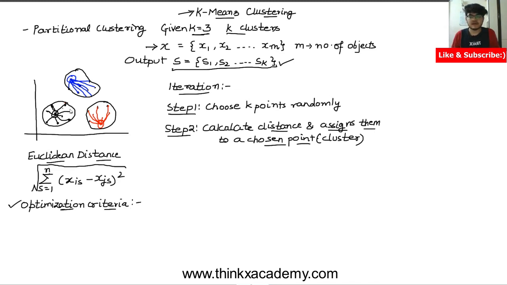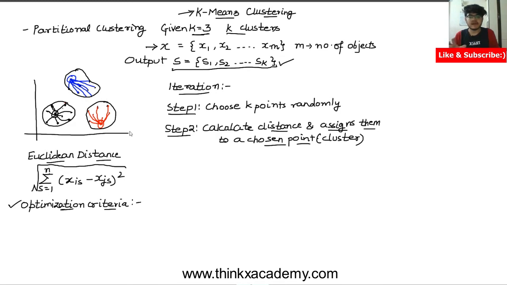Now we have seen that at this point also we have obtained three clusters, but it may happen that some of the points that are assigned to these clusters should not actually belong to these clusters. So we have to optimize this whole iteration. We will have to keep optimizing it, and at every iteration we try to optimize it.